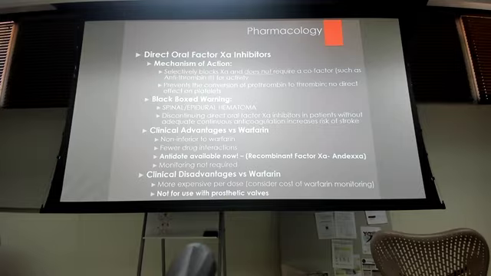Warfarin. So DOACs, we mentioned as being almost the perfect anticoagulant, but not in prosthetic valves. And they're not great because they're not cheap, they're expensive. And actually, you have to avoid this medication with the prosthetic valves. They have really become the first line therapy for non-valvular AFib and venous thromboembolism for most patients.